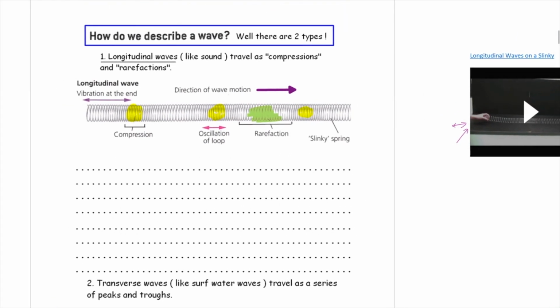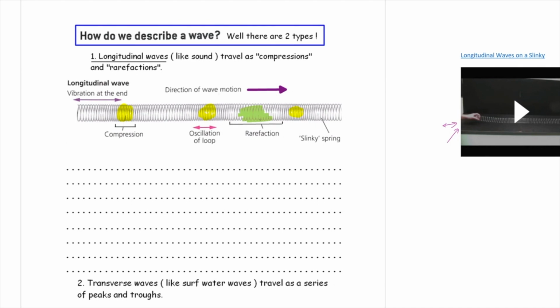What you need to do now is make your own notes on longitudinal waves. I'll verbally read out what should be included, and I'll write down some keywords as well, but you write it down in your own words to make sense of it. Right.